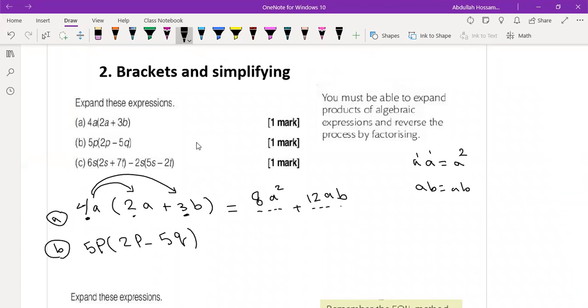Multiply 5b by 2b minus 5q. Okay, guys, can you do it? Take 1 minute, do it and send me. Give me the answer in the chat group.